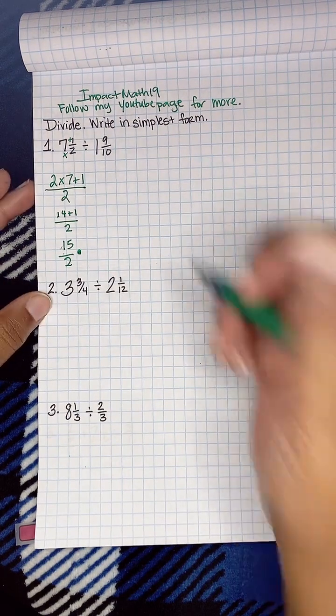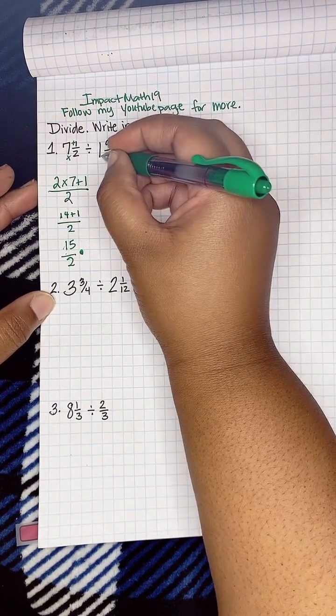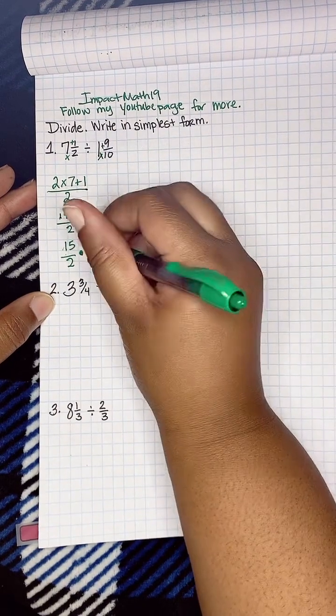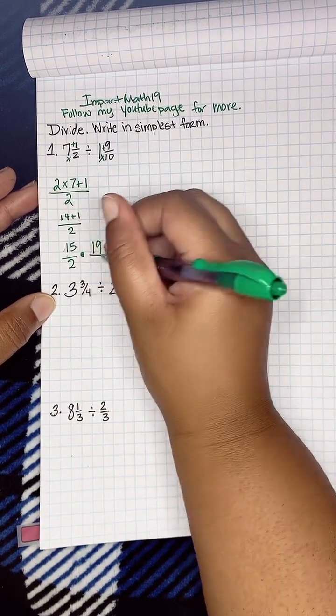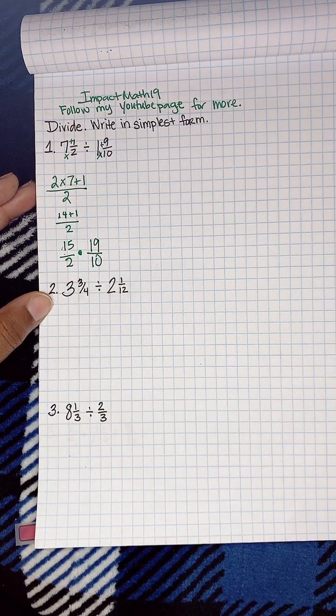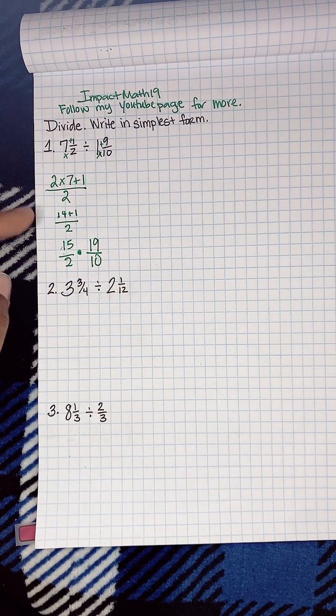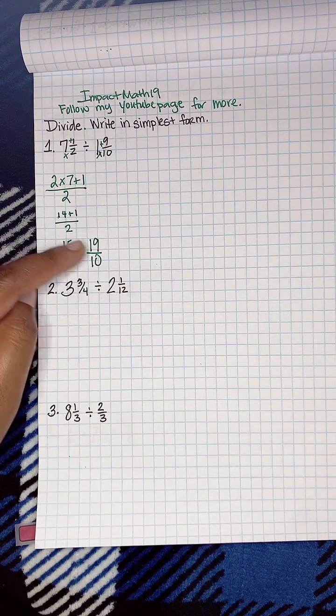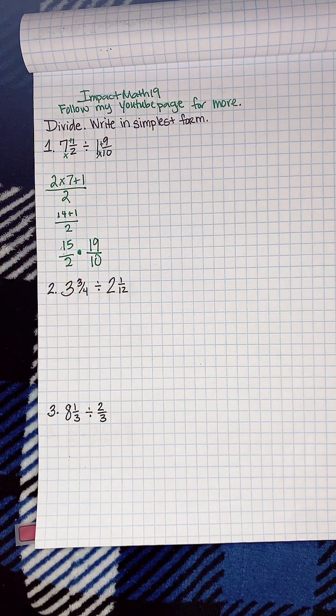Thank you, you guys. So this is going to go to 19 over 10. Okay, wonderful. Now can we cross simplify anywhere? By 5.